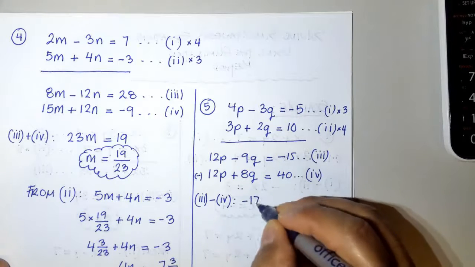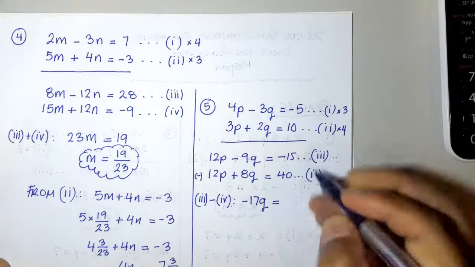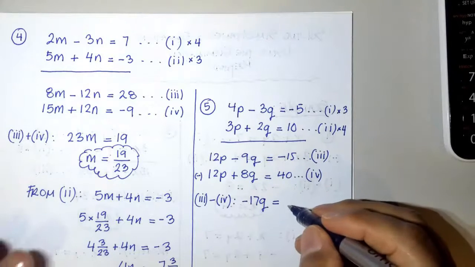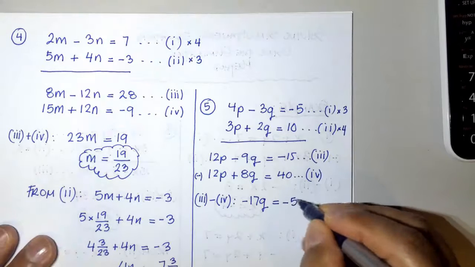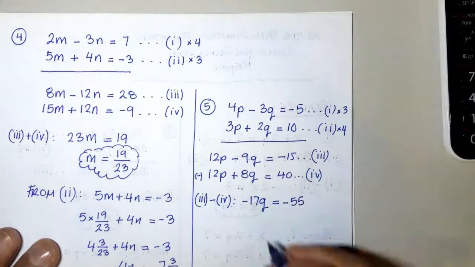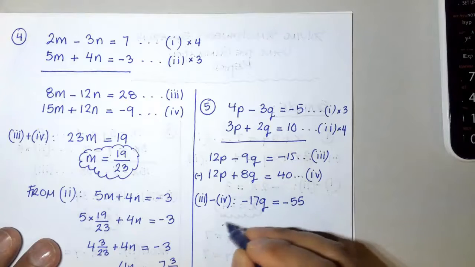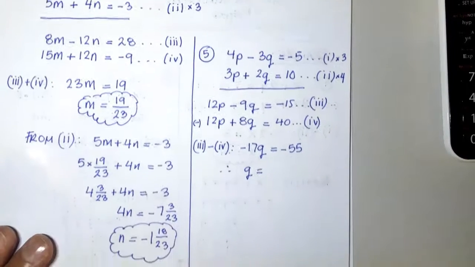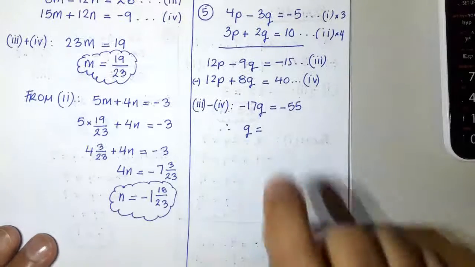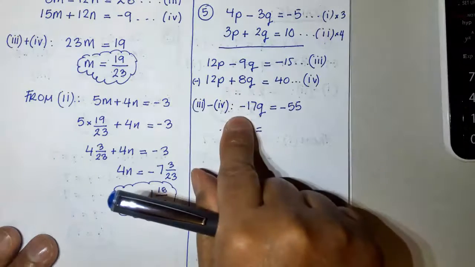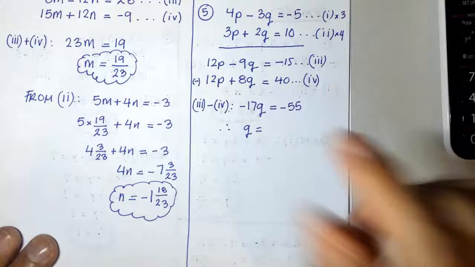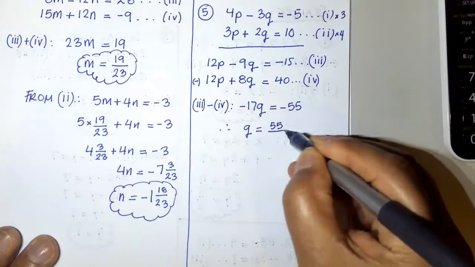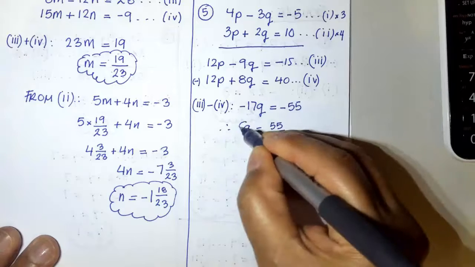So negative 17q. And then negative 15 take away 40, so it's going to be negative 55. And then, therefore, q is going to be equal to negative 55 divided by negative 17. Negative and negative make positive, and we cannot simplify these two. So that means that the answer is going to be just that.